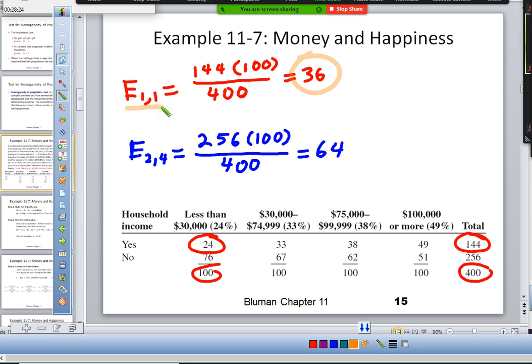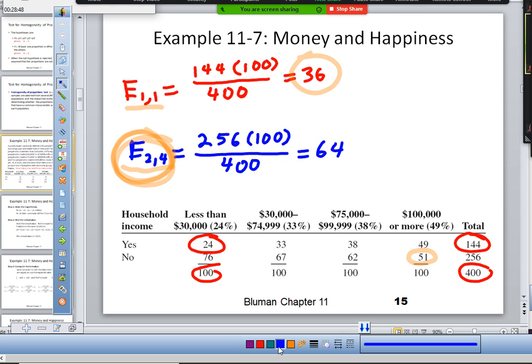Then I'm going to look at the last one. It's this guy back over here, 51. He's the E of the second row, 4th column, so it's E2, comma 4. His row total is 256, his column total is 100, his grand total is still 400, so he's going to be 64.